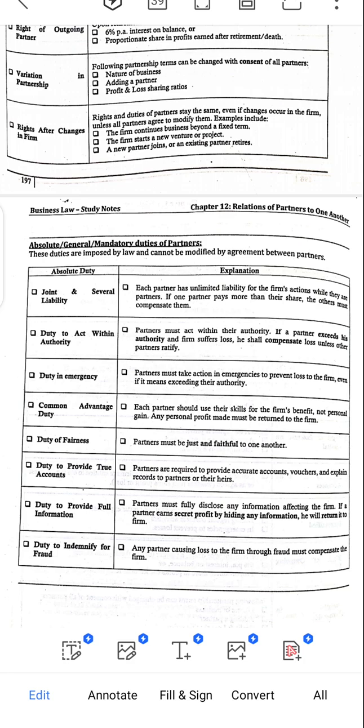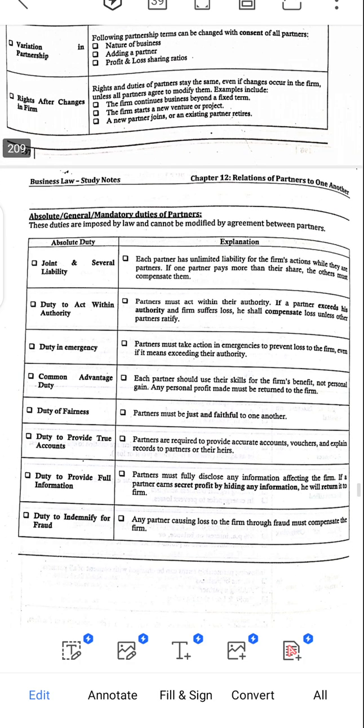Partners must take action in emergencies to prevent losses to the firm, even if it means exceeding their authority. Like you see, there are strikes, so the transportation system becomes closed. So if there is a partnership in perishable goods, and there will be losses, all the partners must act in the emergency.